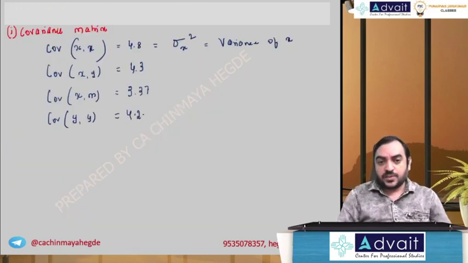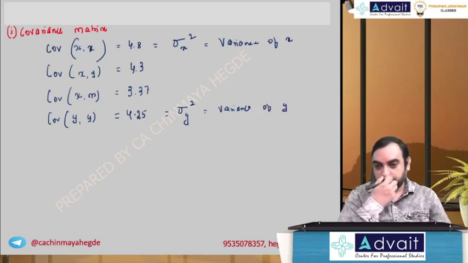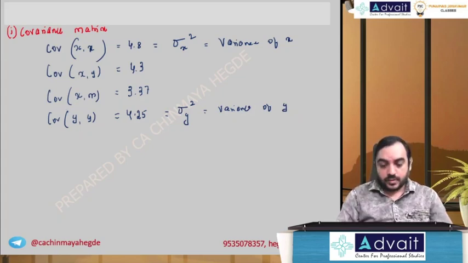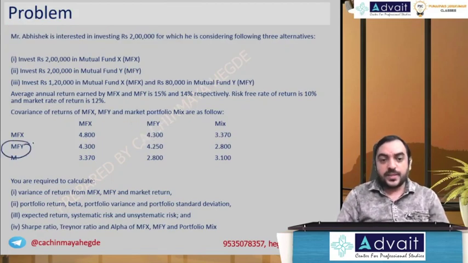That is nothing but variance of Y. Then Y and M, covariance of Y and market. So Y is row heading, market column heading 2.8.